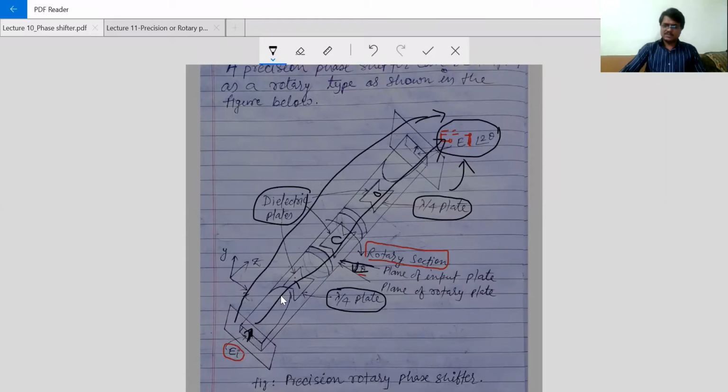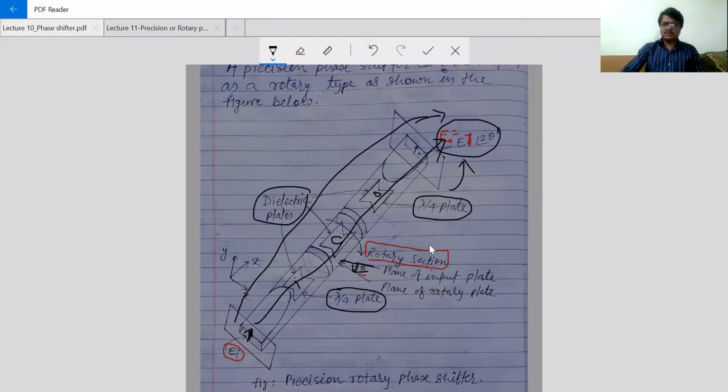The phase will be shifted by 2 theta. There are two ways for the wave to come. One wave comes through outside, with no disturbance to that wave, and one wave comes through this rotary phase shifter. Here it will suffer 2 theta phase. So it is very simple.